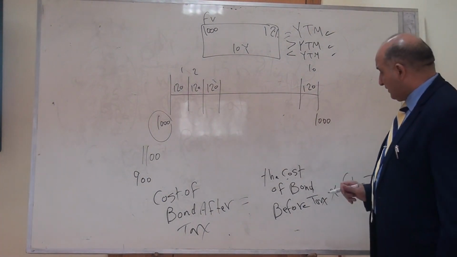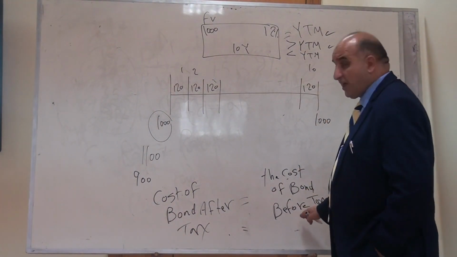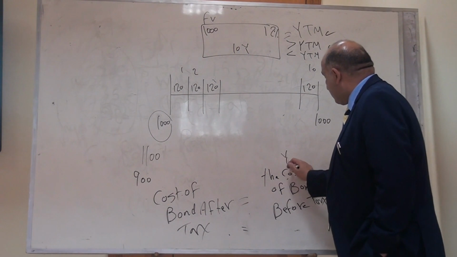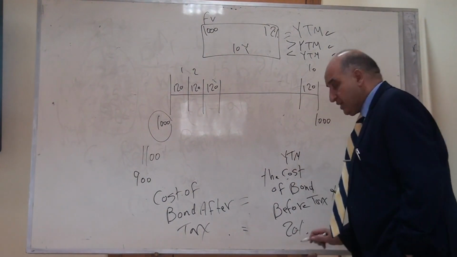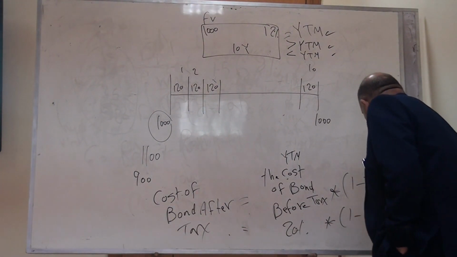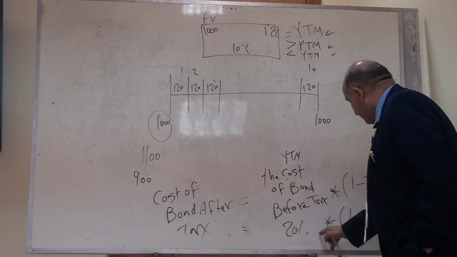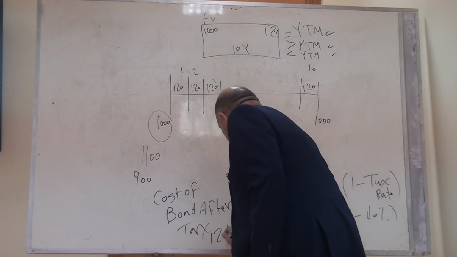In our example, he said that the cost of bond before tax, or sometimes we can call it yield to maturity, was 20%, and the tax rate was 40%, so 20% multiplied by 60% is 12%.